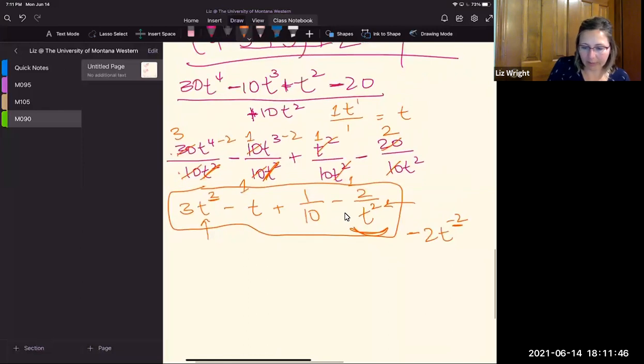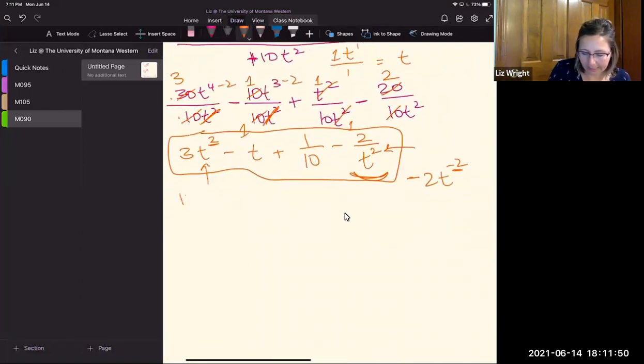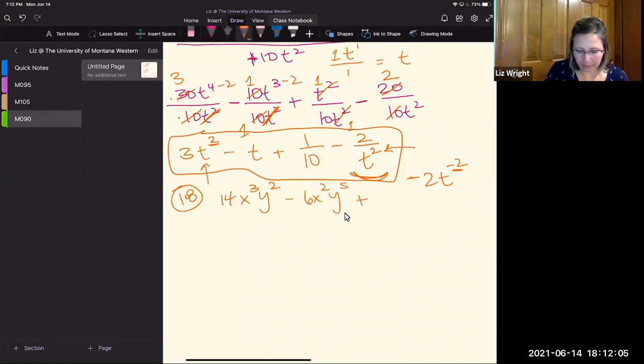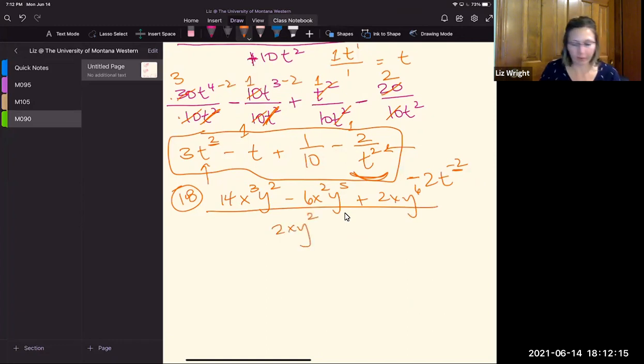All right, last example. So this one was number 17, by the way. And here's our number 18 and our last example. So this one we've got 14x cubed y squared minus 6x squared y to the fifth plus 2x y to the sixth, all over 2xy squared for that one.